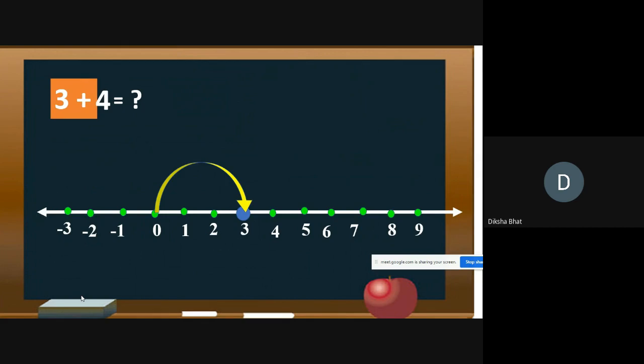We'll reach at 3. Now the second integer is plus 4. Then how many steps we will have to move to the right of 3? 4. Yes. 1, 2, 3, 4. Where do we reach? 7. Yes, correct. So 3 plus 4 is 7.